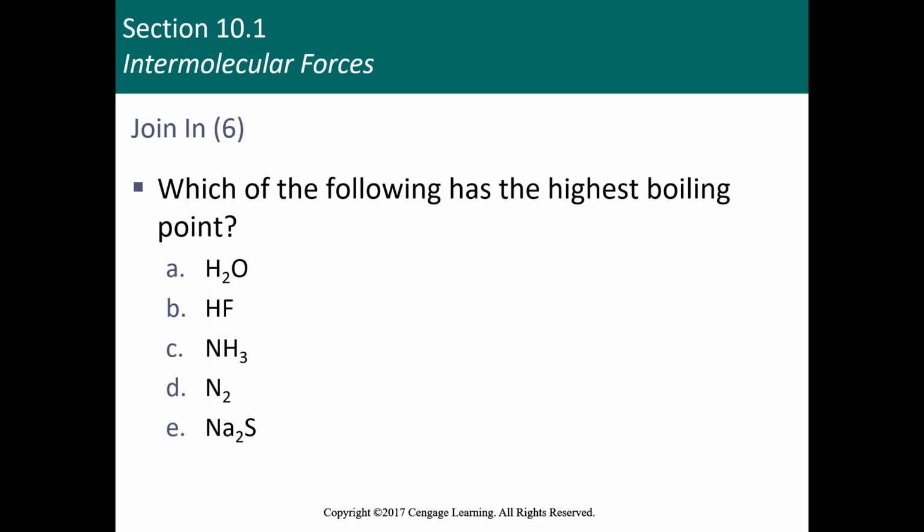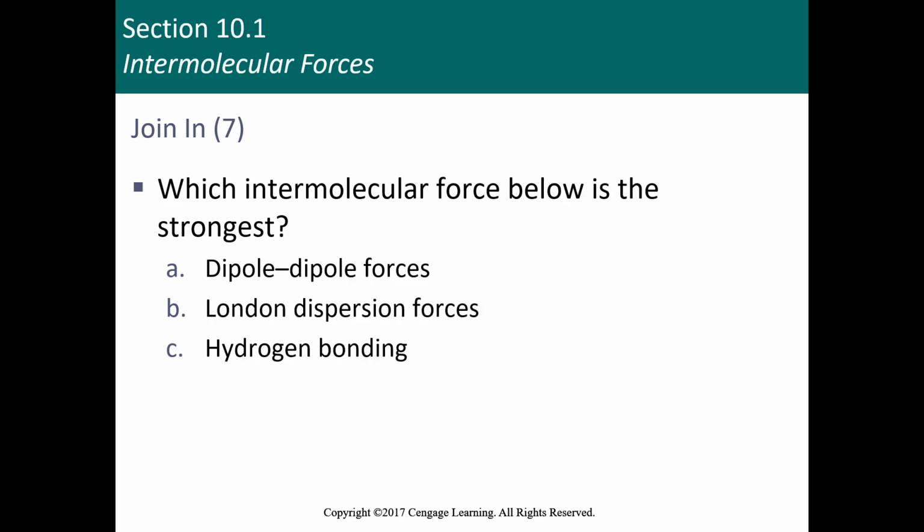And that is because those are actually ionic bonds, in this case down here, aren't they? That's a salt. And so that's going to be the strongest by a very, very large margin. By the way, salts typically have melting points in the 400 degrees Celsius range. The boiling point of water, which is the highest one here, has a boiling point of 100 degrees Celsius and a melting point of 0. So that's a huge difference.